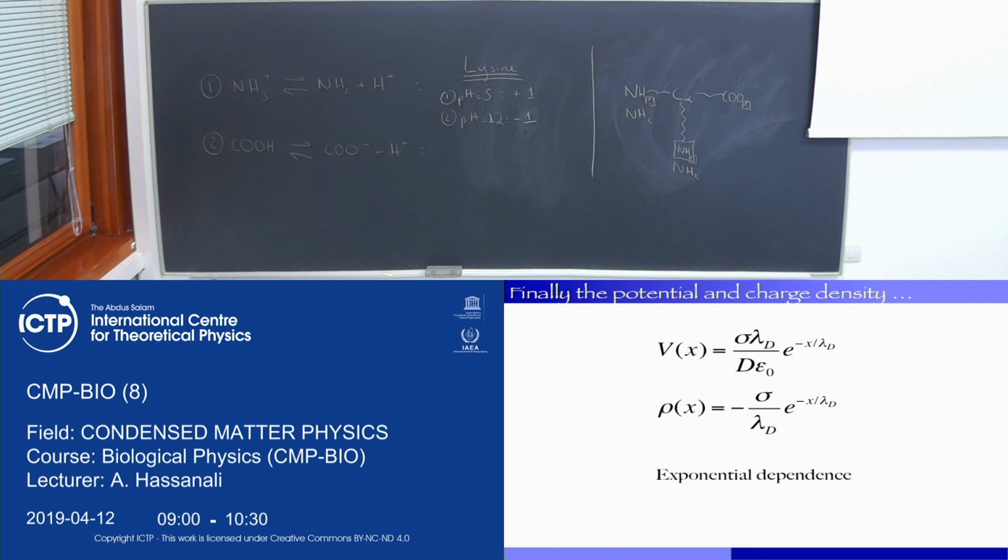Okay, so this is a first order simple model that one can use to understand how ions layer near a charged surface. And it works quite well, especially if far away from your interface.